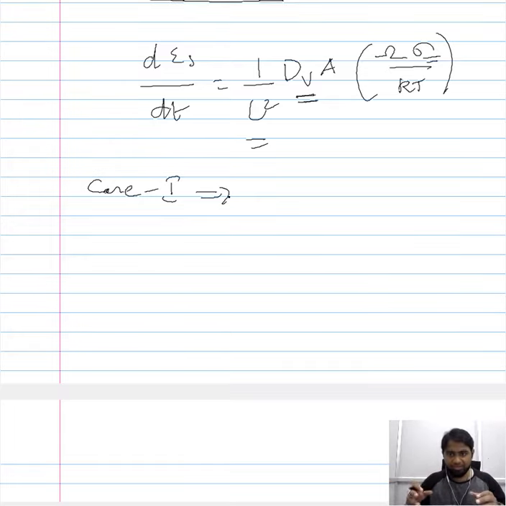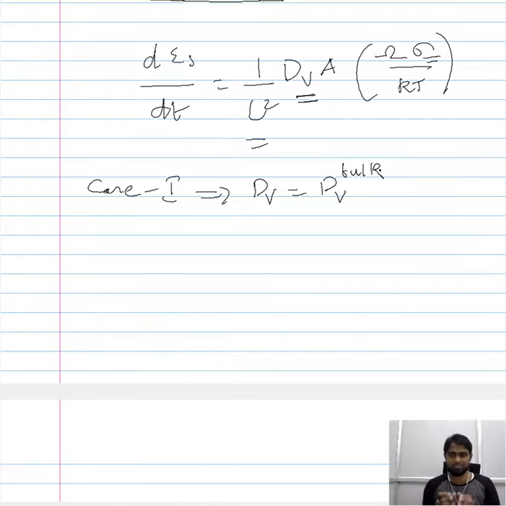So you have a grain and the diffusion of vacancies occurs largely within the grain, then your diffusivity of the vacancies would be equal to the diffusivity of the vacancy within the grain, or the bulk diffusivity. There is not much way that the vacancies diffuse elsewhere.